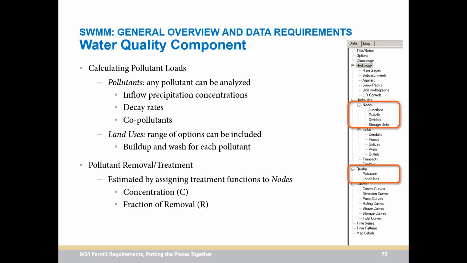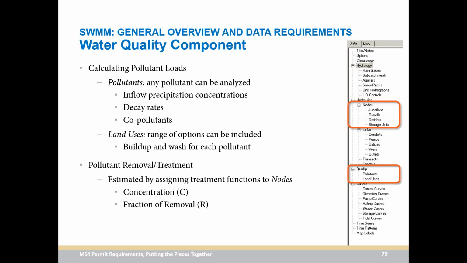You can assign this by adding build-up and wash-off functions for each land use types for each pollutant. And pollutant load reductions due to the implementation of BMPs can be assigned by adding a node and assigning pollutant load reduction efficiencies to each node.